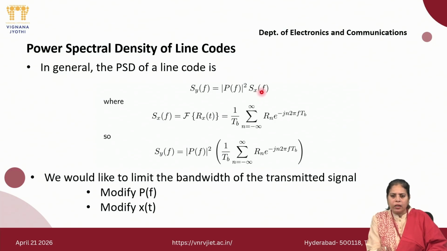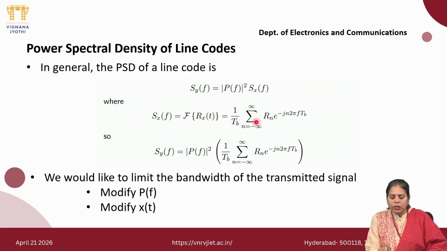As the input signal is a digital random sequence, this can be represented as a random variable. These random values of ones and zeros are thought to form an autocorrelation function. Hence, the input power spectral density can be represented simply as the Fourier transform of the autocorrelation function of the input sequence.